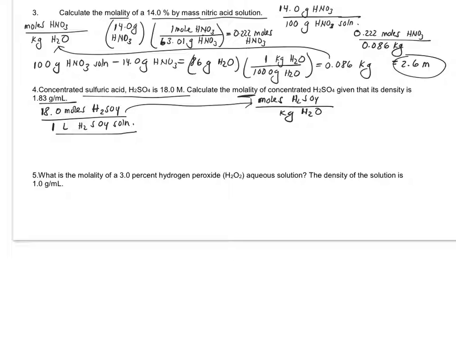So let's go ahead and convert the liters of solution to grams using the density. I'm going to end up multiplying by the density. So this ends up being 1830 grams of sulfuric acid solution.